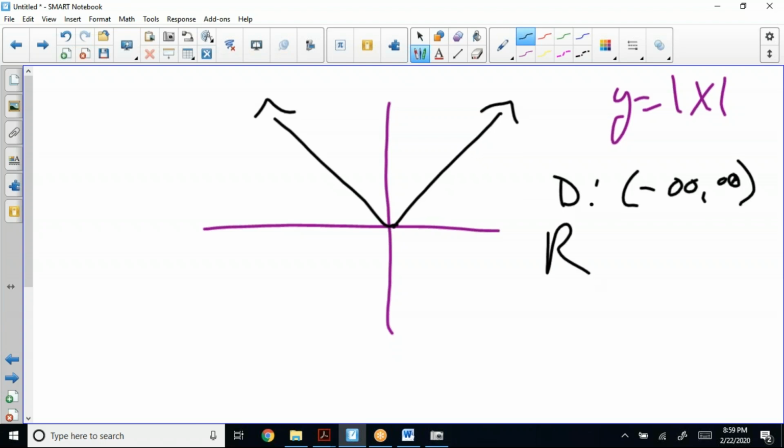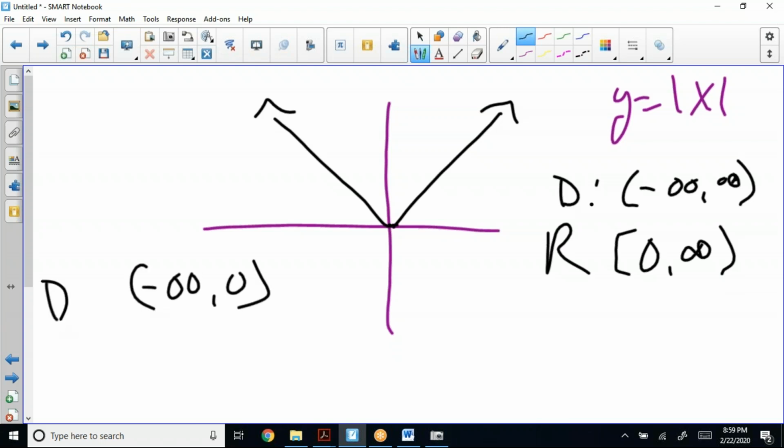But our range, well, it's right there at 0, right? So our range would be this. And of course, it's decreasing from -infinity to 0, and then it's also increasing from 0 to infinity, right?